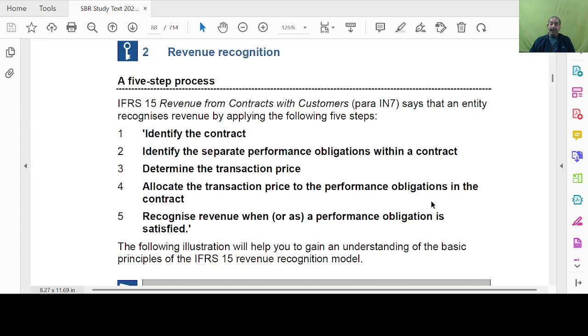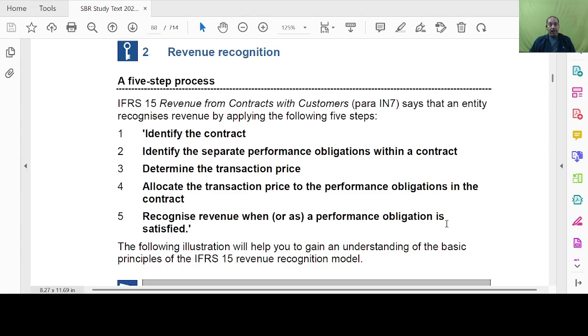So we have to see whether there is an agreement, whether it is enforceable by law, whether it can be called a contract, right? Whether there are legal enforcement obligations. Then only we can say that yes, there is a contract existing between the entity and the customer, and whatever we earn as inflows of cash from that particular contract can be recognized as revenue.